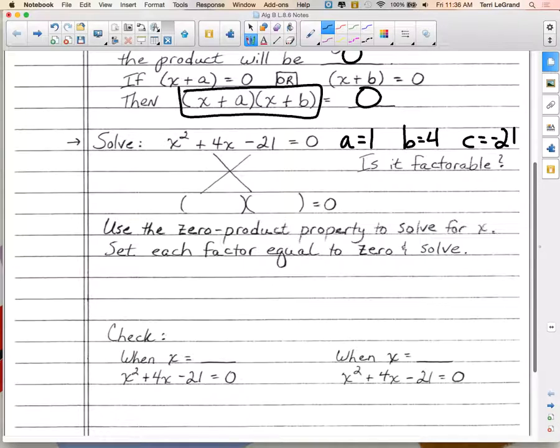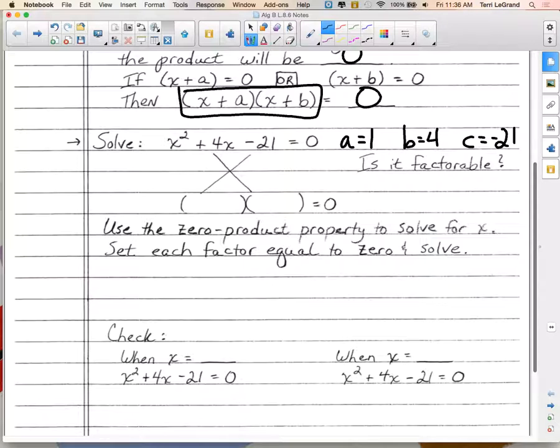Noah, what's our c value? Negative 21. Where's this parabola going to cross the y-axis? If we had to graph this, visualize this with me. At negative 21, all the way down there. Is it going to open up or open down from that?